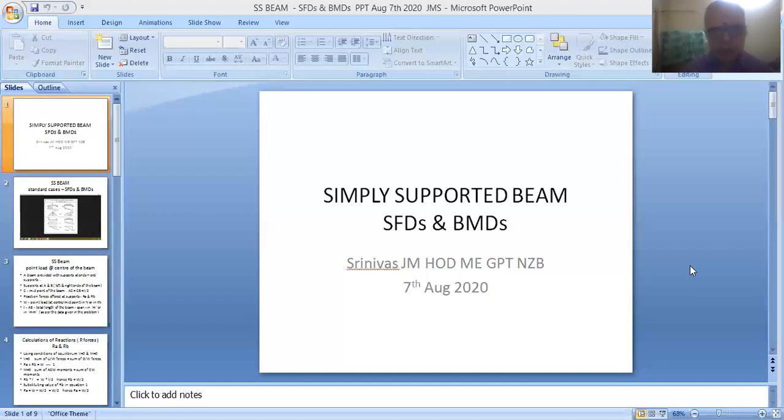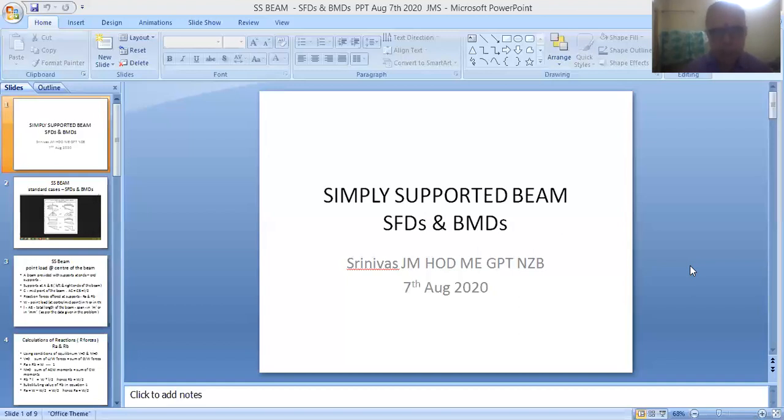And secondly, sometimes the load will be distributed uniformly or evenly for the entire length of the beam, or sometimes it will be distributed uniformly for a certain length of the beam.